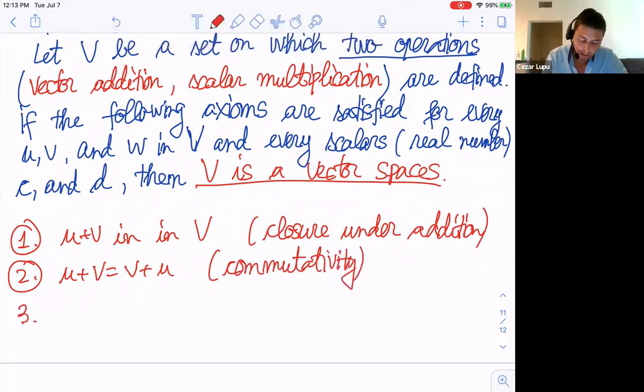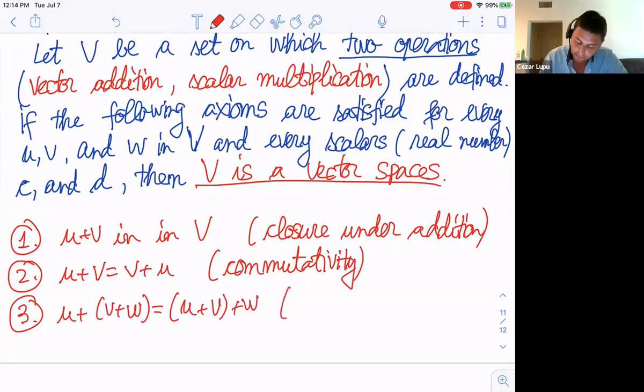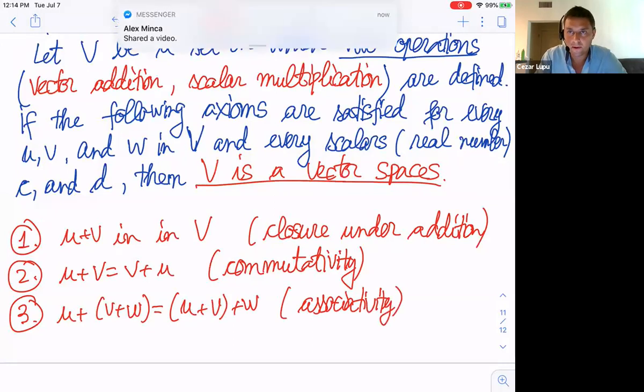Then the third one is associativity. U plus V plus W is U plus V plus W. This is associativity, right?